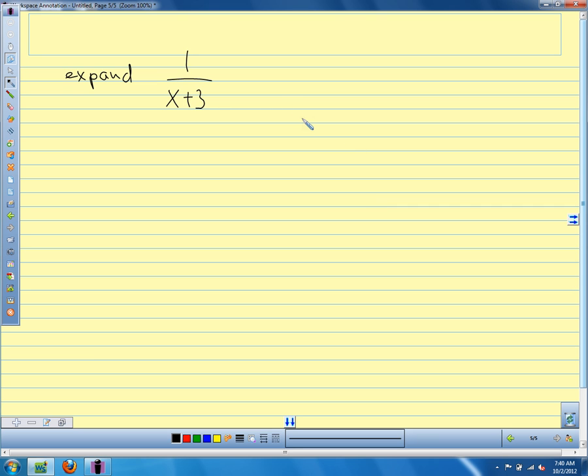So let's expand 1 over x plus 3 about c equals 0. So that simplifies our terms a little bit, so we don't have the x minus some factor. My suggestion is let's expand this about c equals 0, and then this will give us an approximation close to 1 over 2.8. So let's do this expansion.